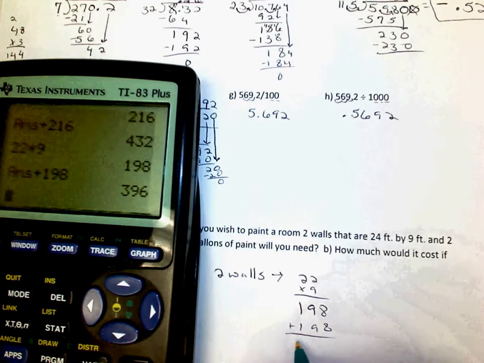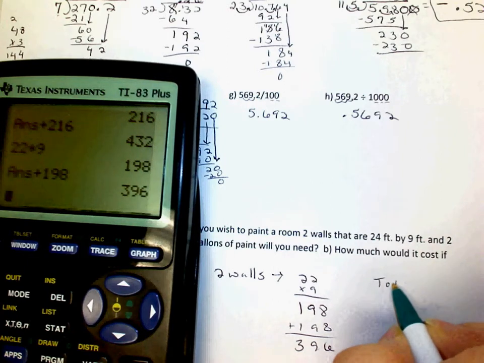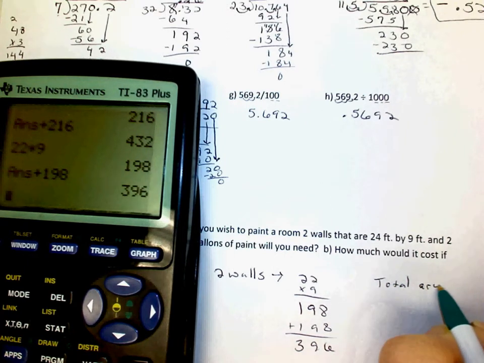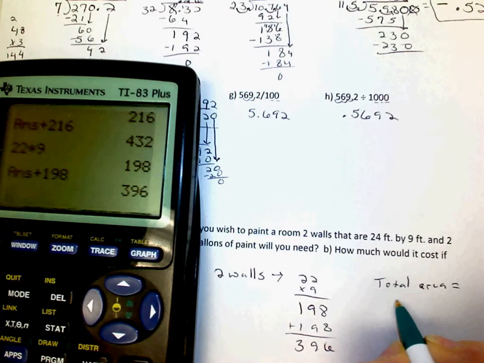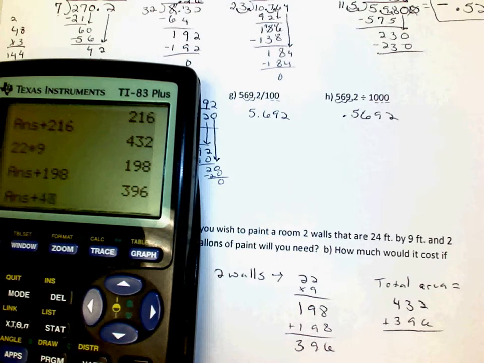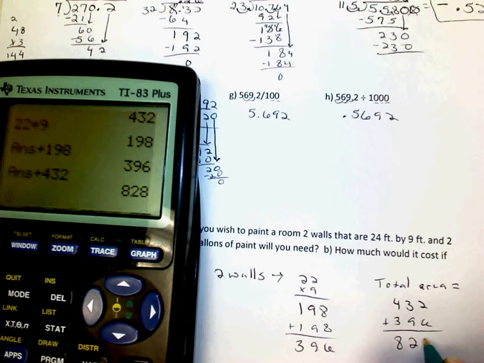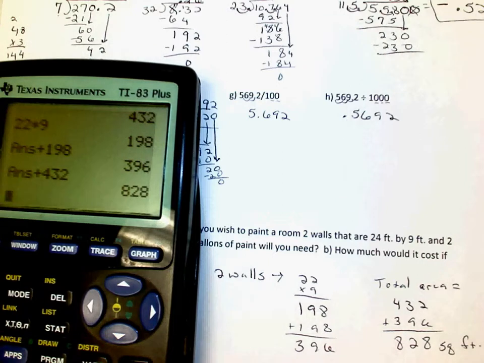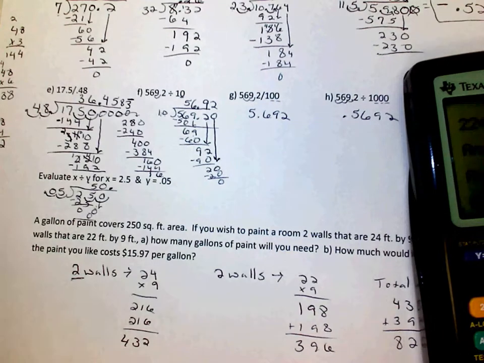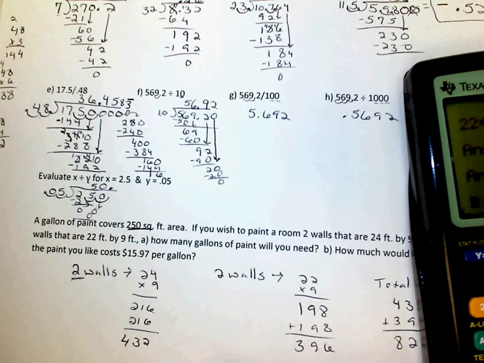So my total area is equal to 432 plus 396. My total area is 828 square feet. Now, the problem here, this gallon of paint only covers 250 square feet.